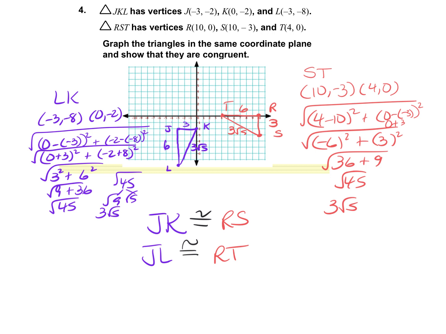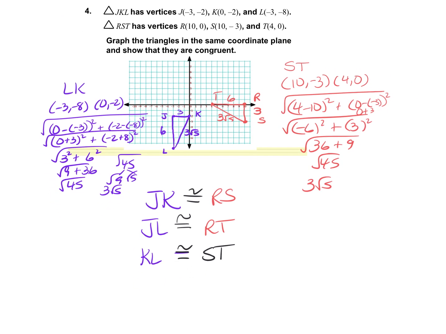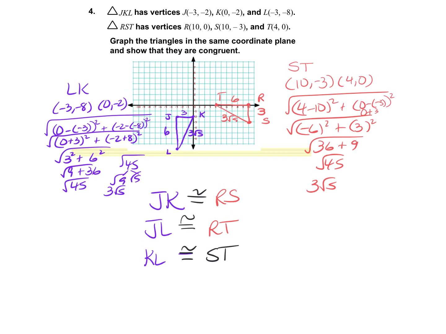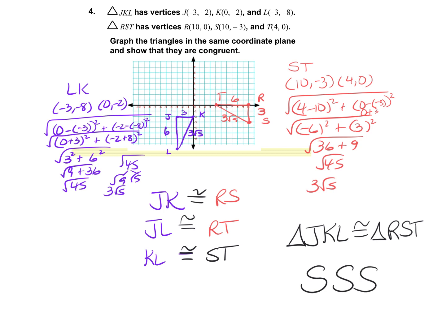And then lastly, I can show KL, or LK, congruent to ST. So I've got all the congruent corresponding matches. So my congruency statement could be that triangle JKL is congruent to triangle RST by using side, side, side.